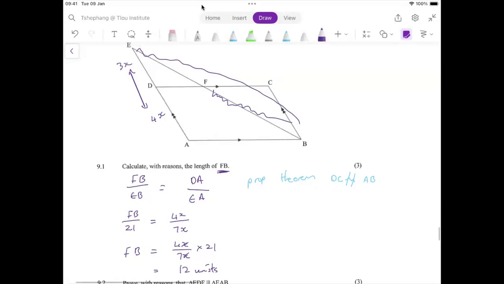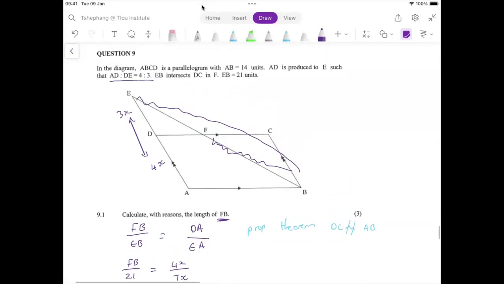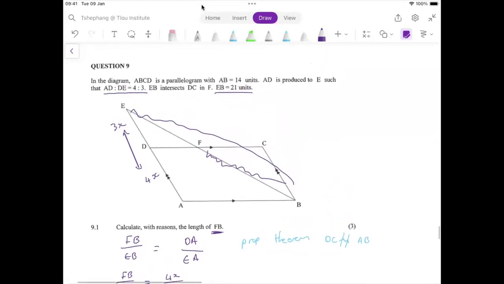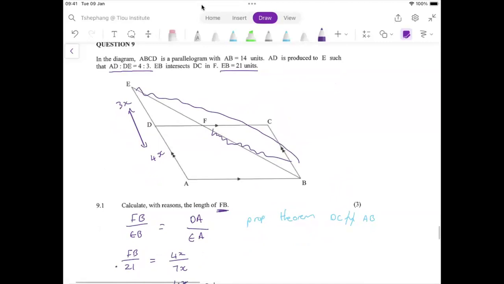It's 12 units. Okay, going back. Thank you for the correction, but going back, we used the proportionality theorem. We said FB over EB is in the same proportion as DA over EA. Now we substituted what we have, right? FB is unknown and EB is given, 21 units. That's why I substituted EB to be 21 units. It's given.